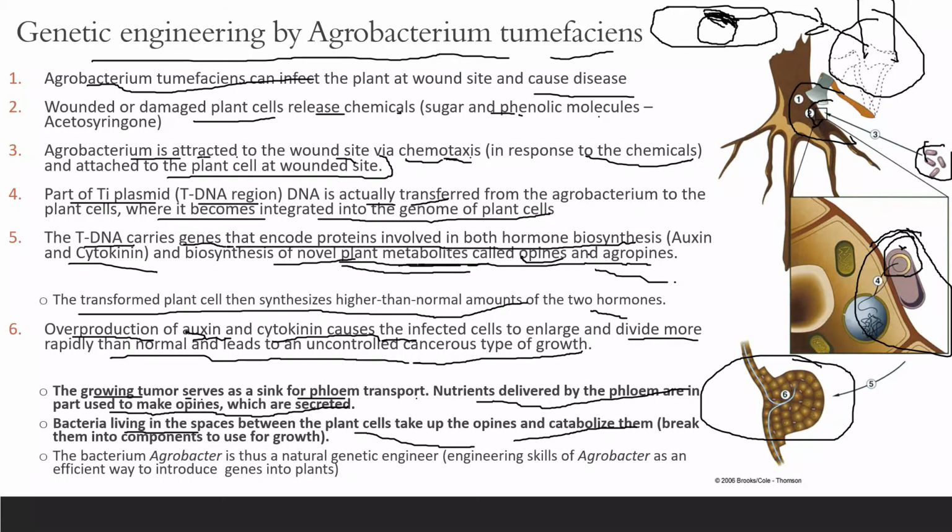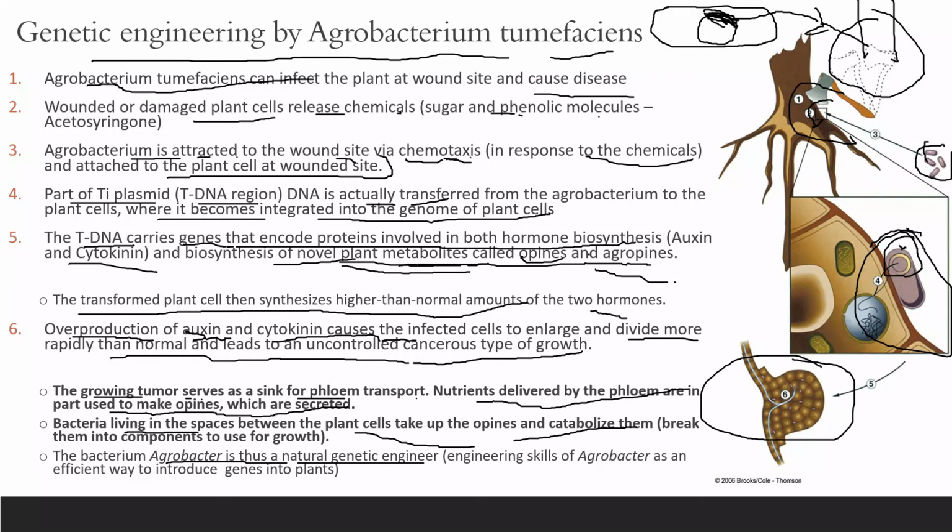Agrobacterium is thus a natural genetic engineer. It does everything itself and does not require anyone to bring changes in it. This was the entire process that I wanted to convey.